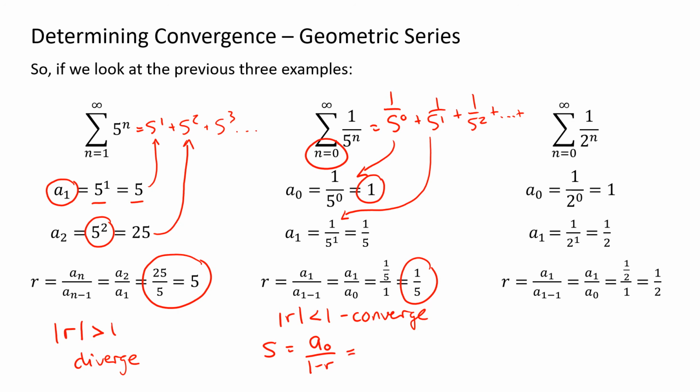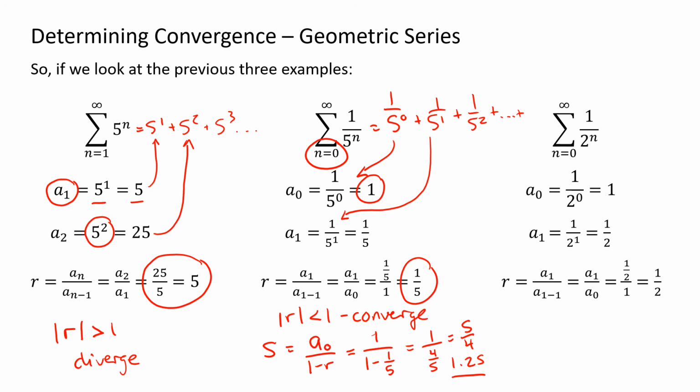If we do that, our first term is 1, and it's divided by 1 minus 1 over 5, which gives us 1 divided by 4 over 5, or in this case, 5 divided by 4, which is 1.25. Remember, that's what we thought it converged to approximately, was 1.25. So this shows you what it will converge to. Again, this is for geometric series that follow this common ratio.